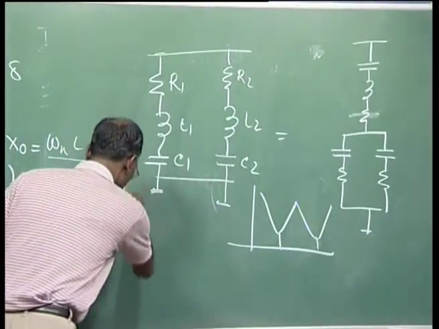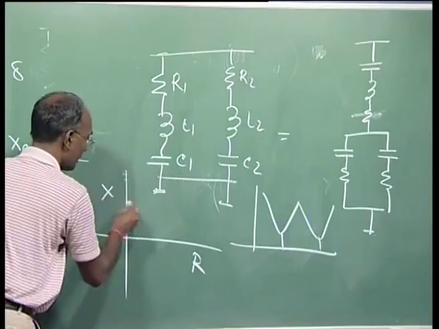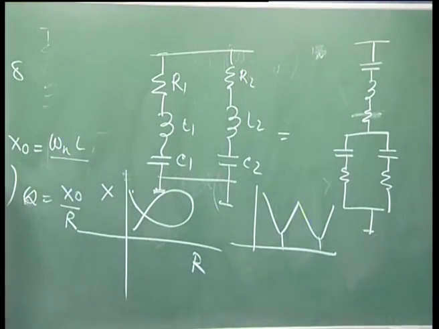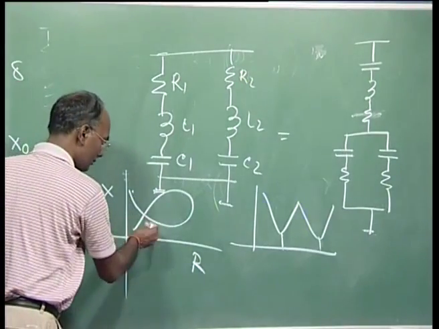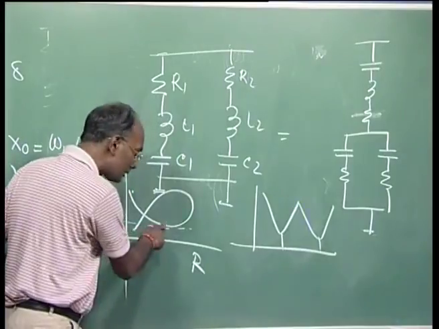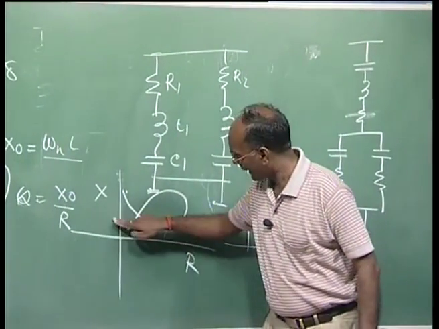And if you see its impedance diagram, that is resistance and X, it is coming all together like this. The minimum impedance is coming, meaning you are getting the two minimum impedances, the two R's, for one X.